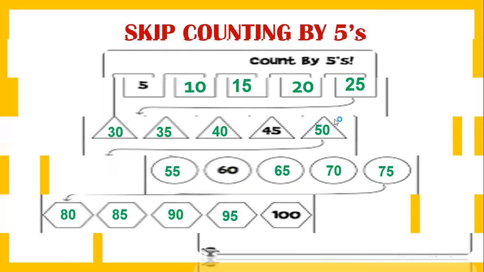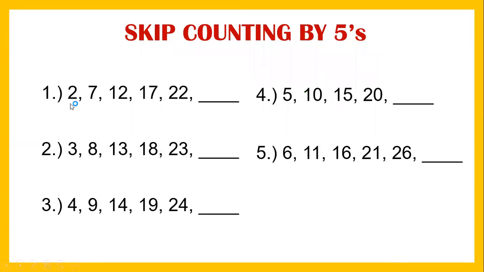Now let's use other starting numbers. 2, 7, 12, 17, 22. The answer is 27. Skip counting by 5. Next, 3, 8, 13, 18, 23. What is the next number? The next number will be 28. 4, 9, 14, 19, and 24.